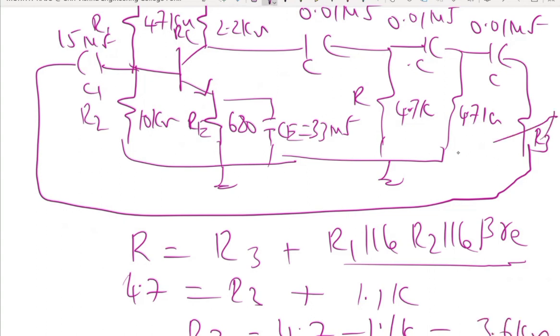Here we use a potentiometer. Potentiometer value is 4.7 kilo ohms.